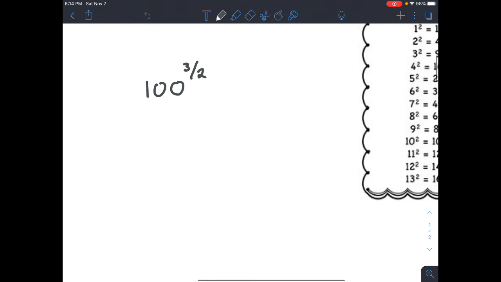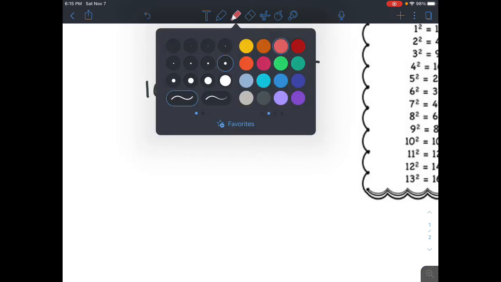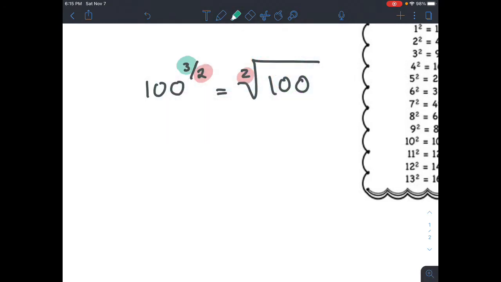Let's look at 100 raised to the 3/2. So the denominator is going to tell me I have a square root, but you don't normally write the little 2. We're not used to it. That's fine. So square root of 100, and then I'm raising it to the third power.